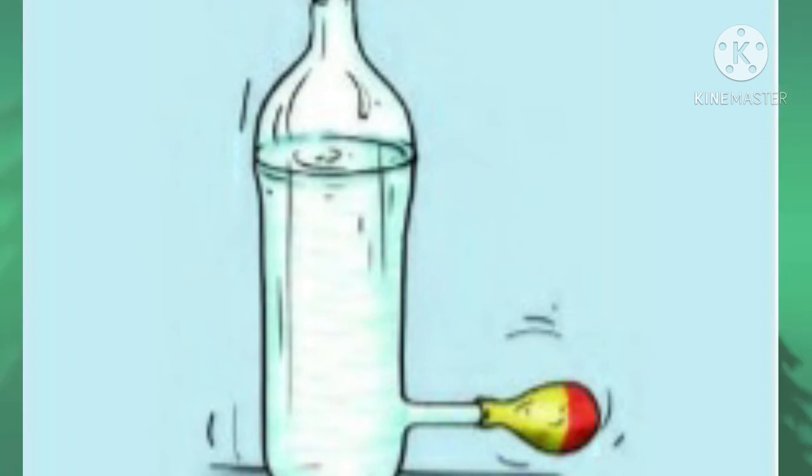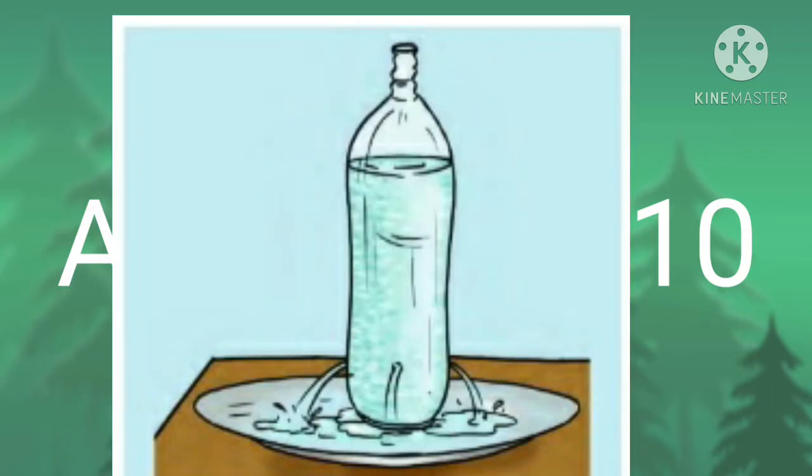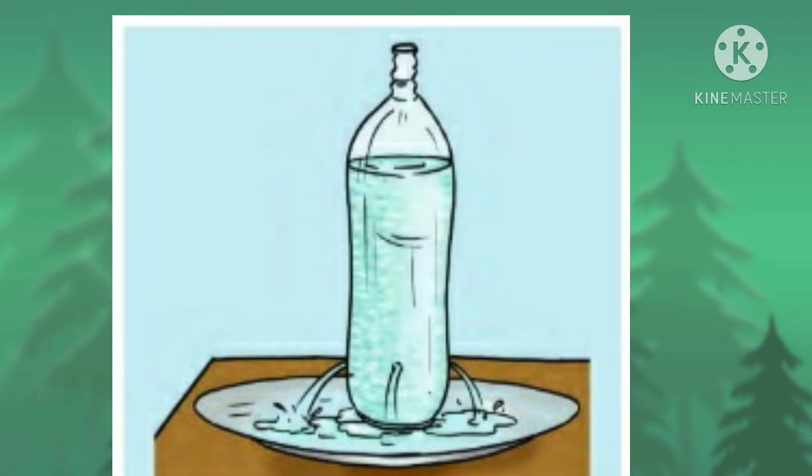And number two, the pressure exerted by a liquid on the walls or sides of its container increases with increasing depth. Now I will explain to you activity 11.10, that a liquid exerts equal pressure at the same depth.